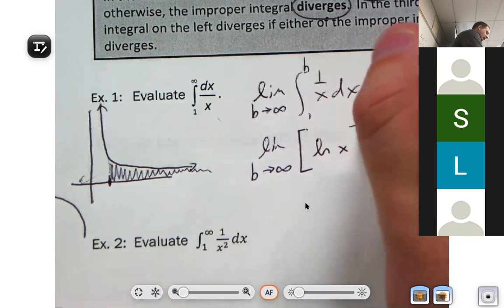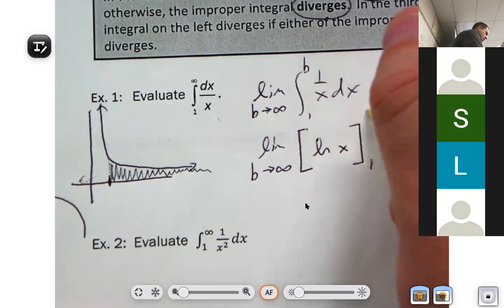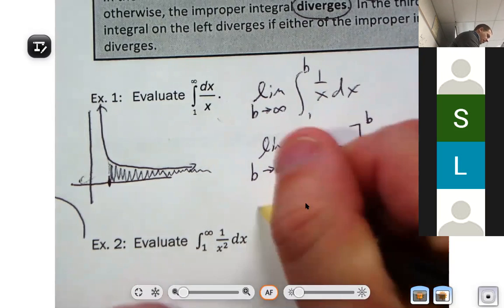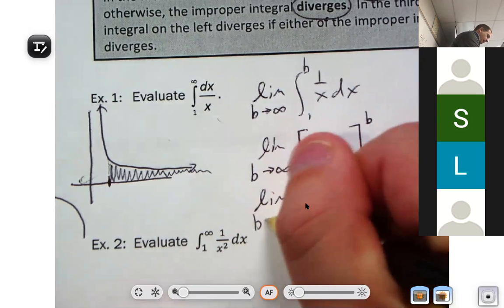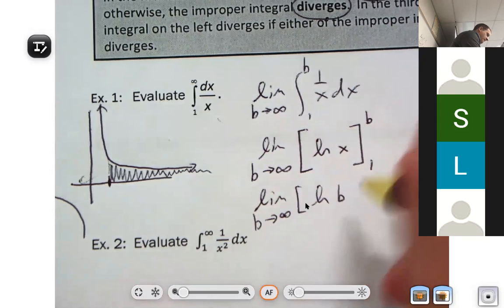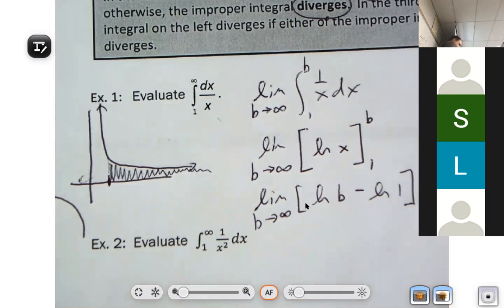I don't need to put the absolute value sign because the numbers we're going to plug in are all positive. We're dealing from 1 to infinity. x is going to be positive in this case. And then I'm going to plug in b and plug in 1. So I'm going to have the natural log of b minus the natural log of 1. We know the natural log of 1 is 0.